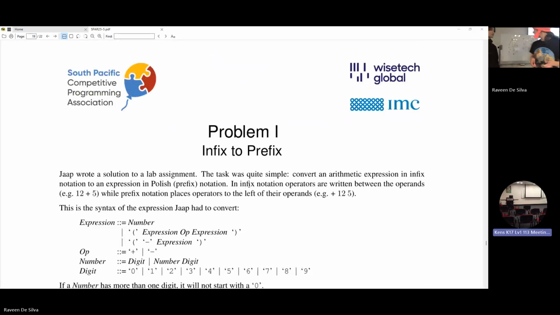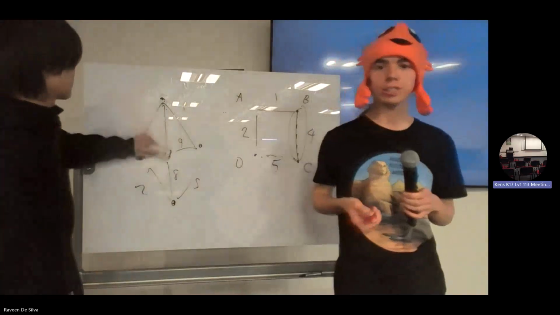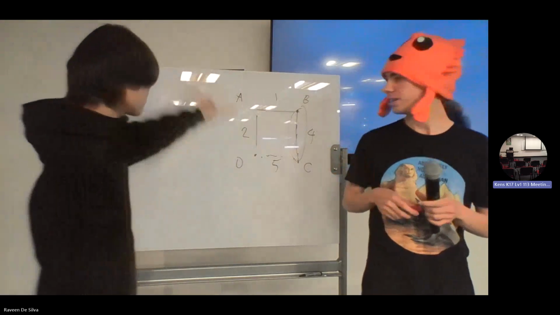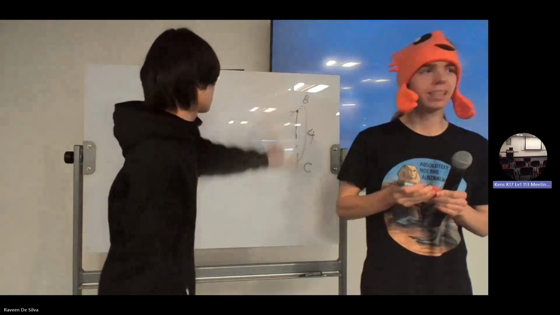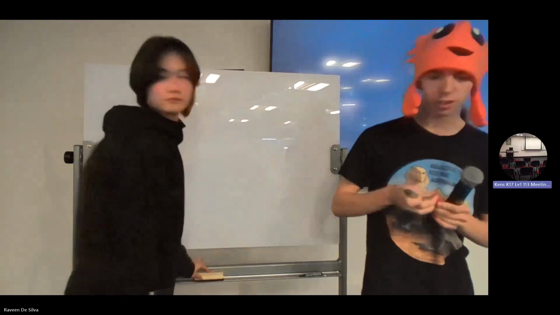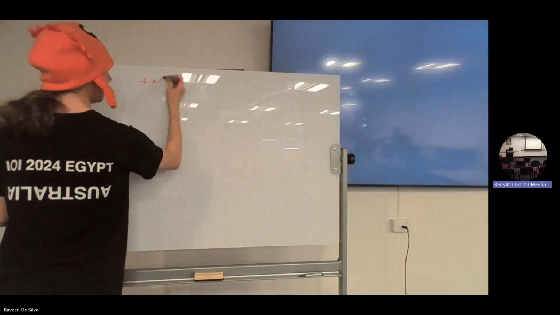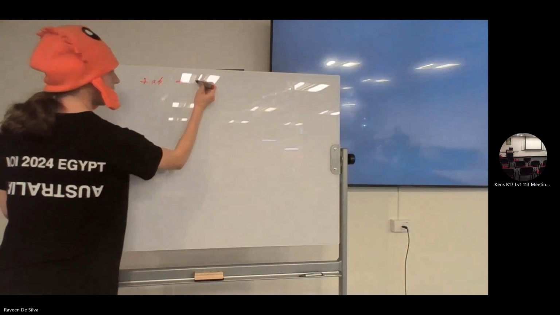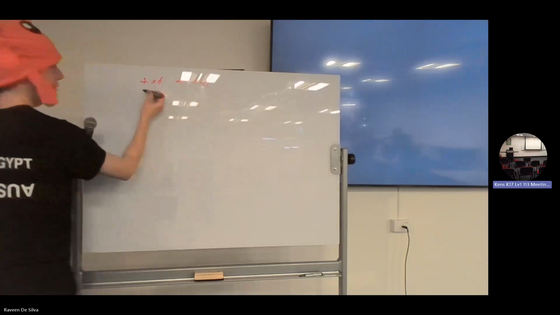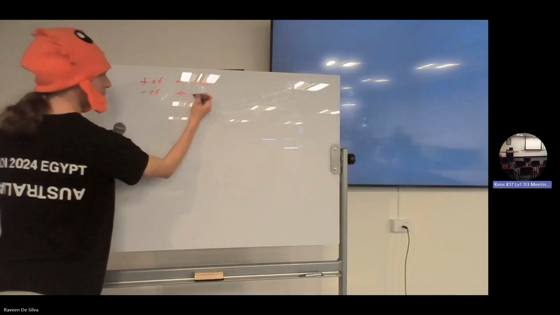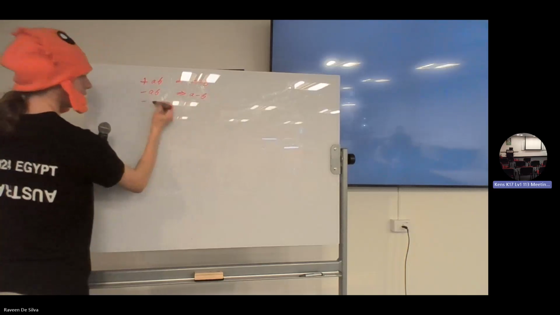So in I, we have some expression in Polish notation that's composed of numeric literals and operators. So the operators are the plus operator, so plus AB becomes A plus B. And then we have the minus operator, which has both a binary variant and a unary variant.